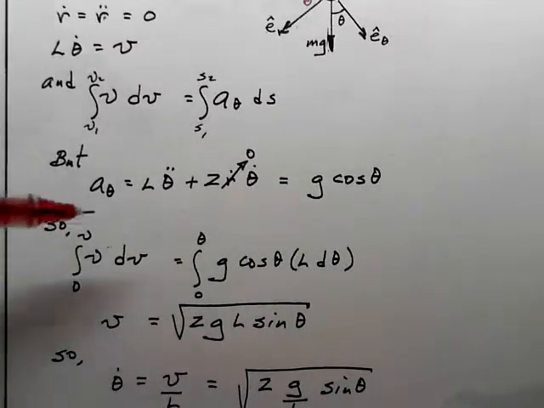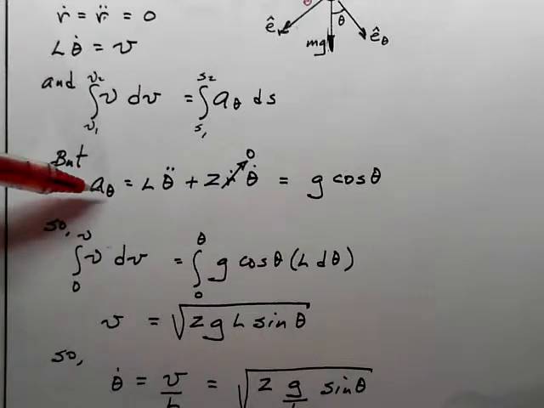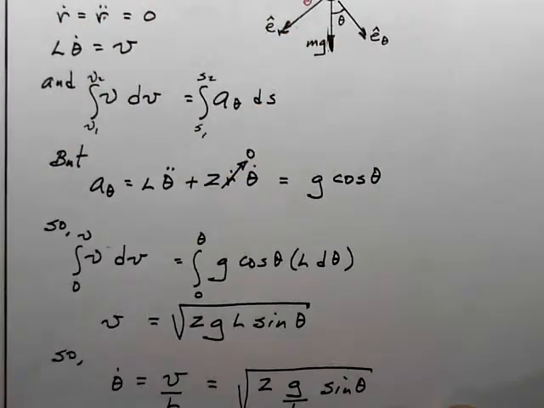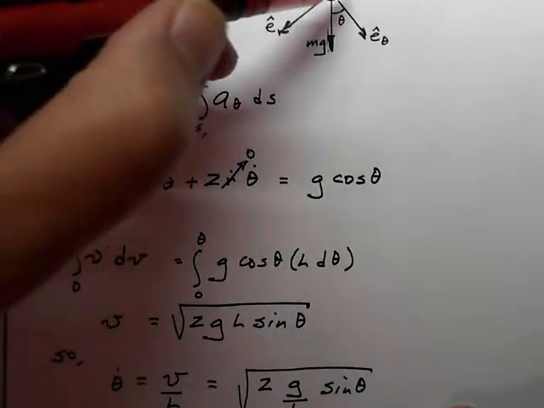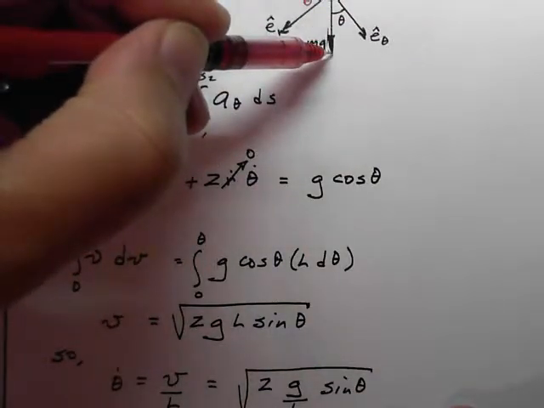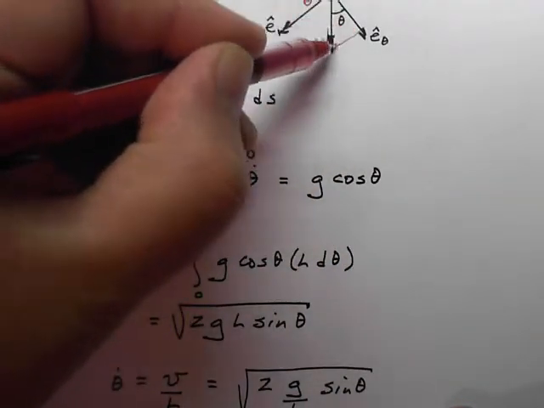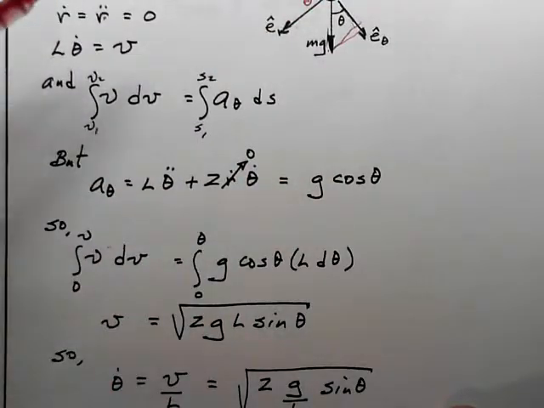Okay, and jumping ahead just a little bit, if I were going to say sum of forces in the theta direction is equal to mass times acceleration in the theta direction, then what are the sum of forces in the theta direction from this picture? The answer is this force mg has a component in the theta direction of that amount, and that is going to be a cosine of theta term.